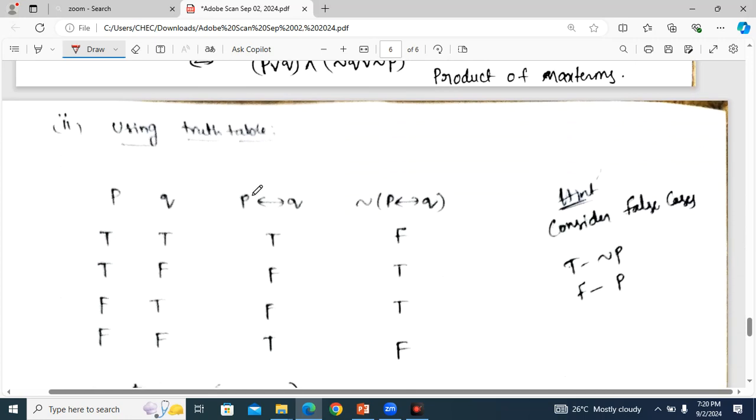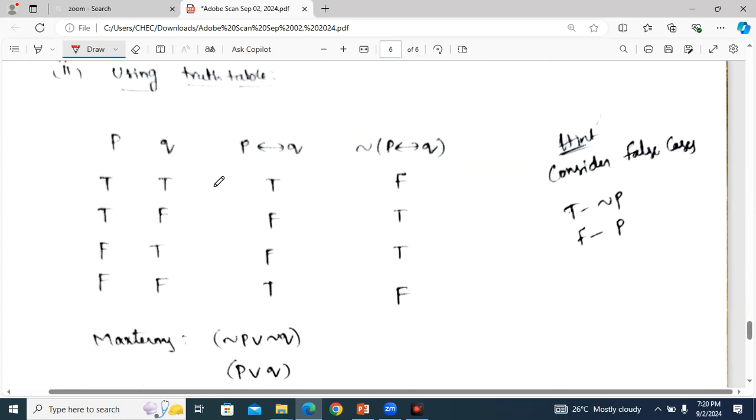Okay. Now by using truth table, we first construct truth table for given compound proposition has two variables P, Q. P has 4 truth values, Q has 4 truth values. So P truth values are true, true, false, false. Q truth values are true, false, true, false.